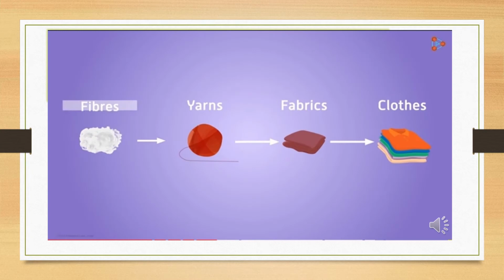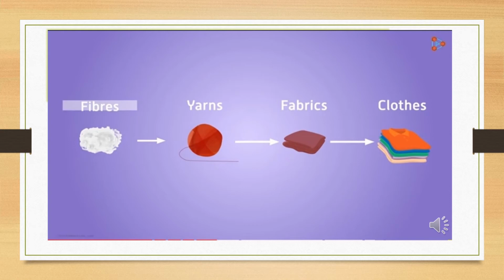So what are fibers? Fibers are the long continuous threads which are used to make yarns. What are yarns? Yarns are the long continuous threads that are woven into fabrics. And fabrics are the pieces of cloth that we use for making stitched clothes.